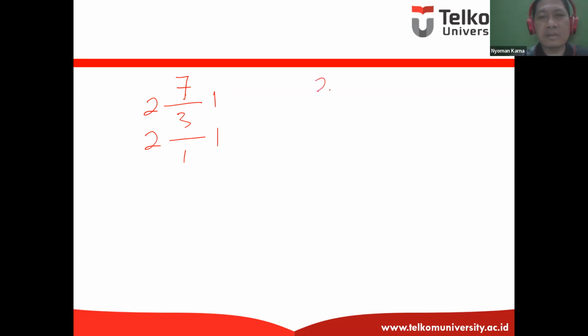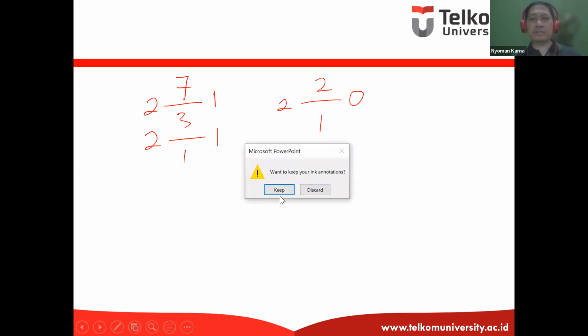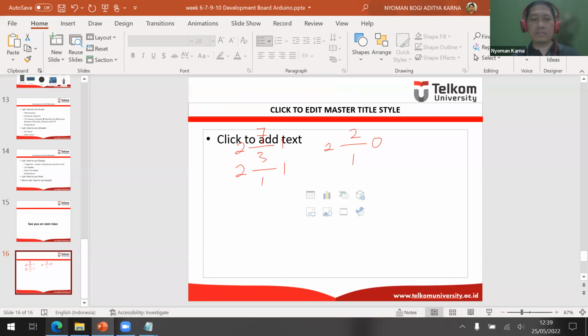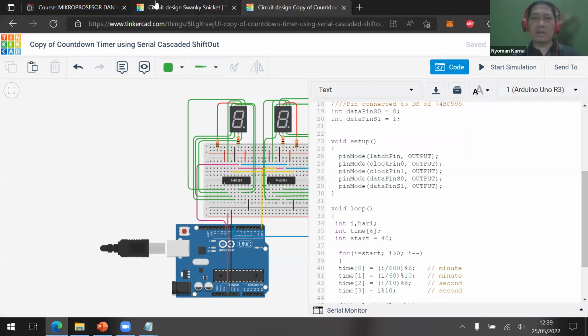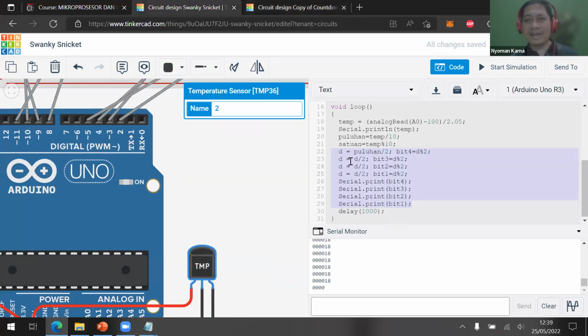However, if I get 2, then divided by 2, I get 1 and then 0. So I need to stop when the division has reached 1. That's what I'm supposed to do. Okay, let's do the easiest way. Just use the if clause.